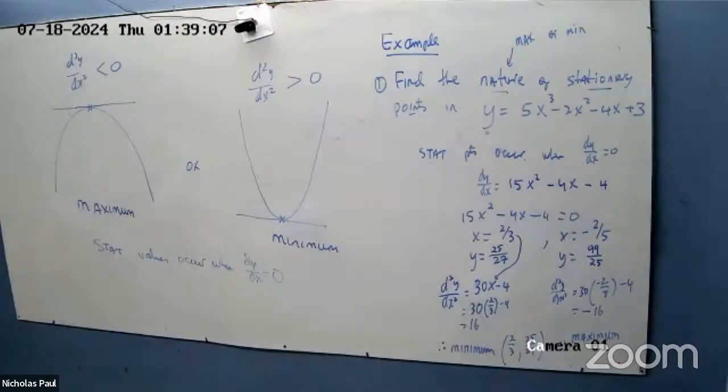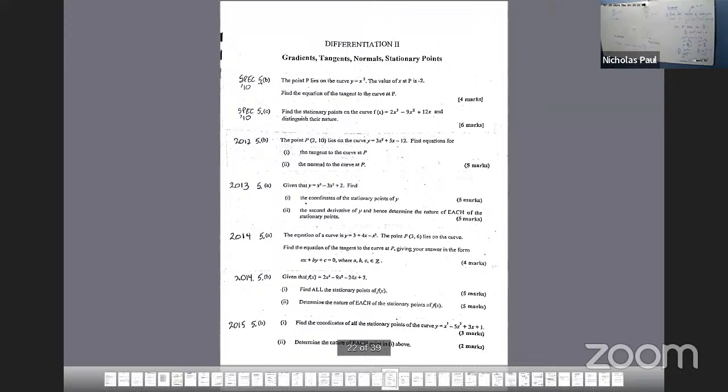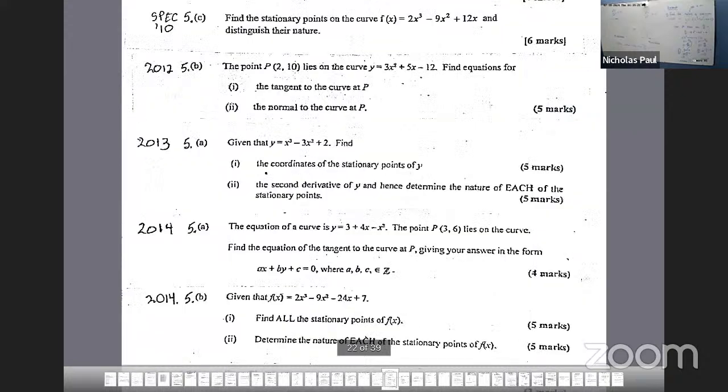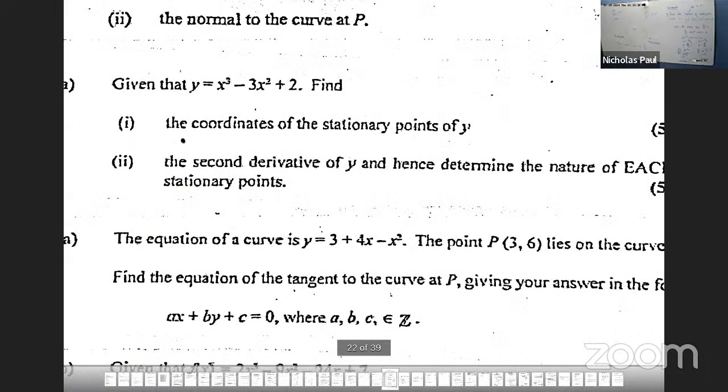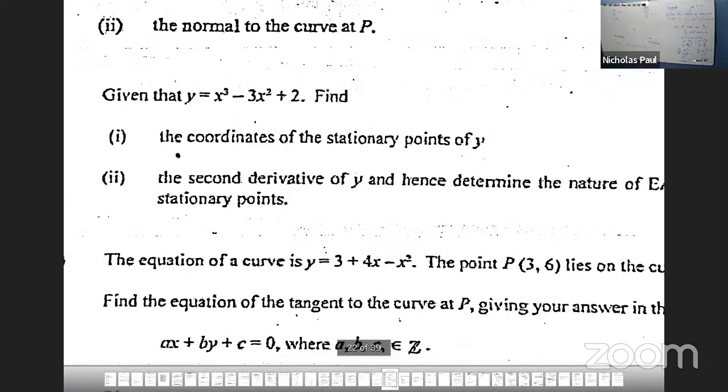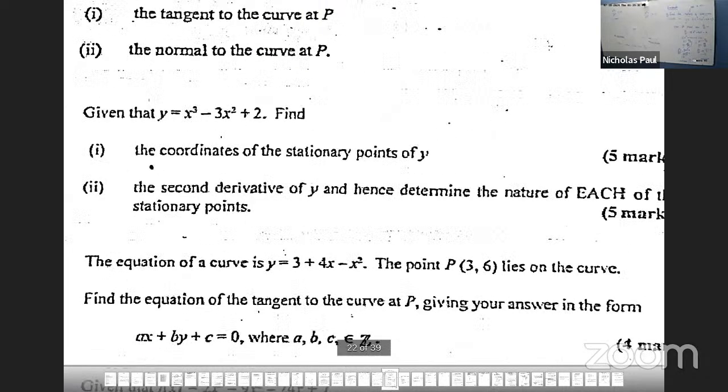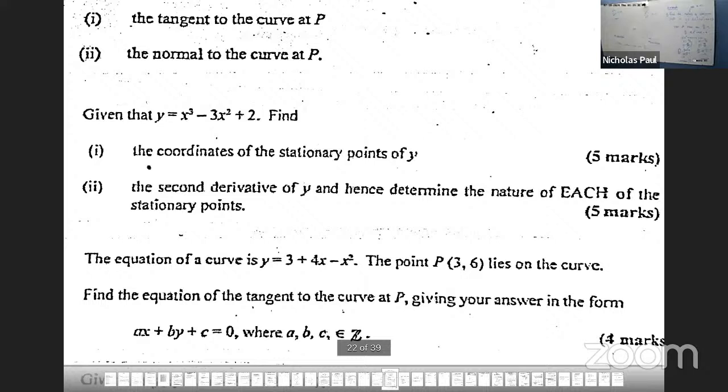Are you ready? Let's go. Take your time on this one, please. 2013 number 5. See it there? Number 5, right?